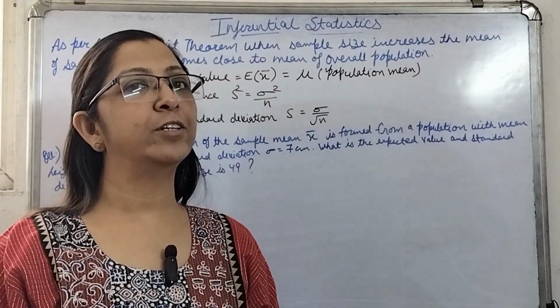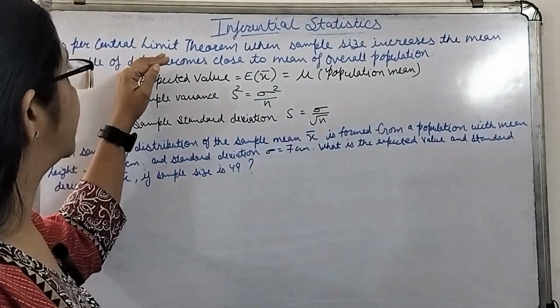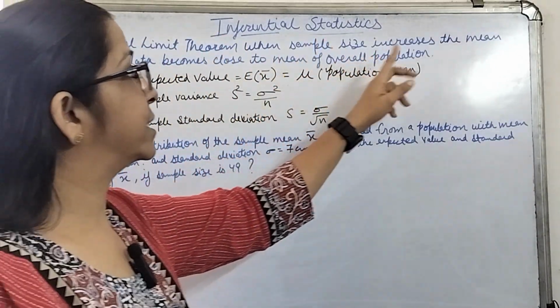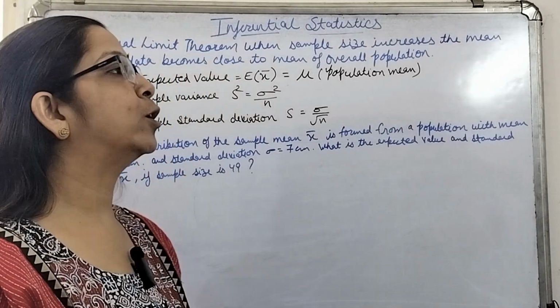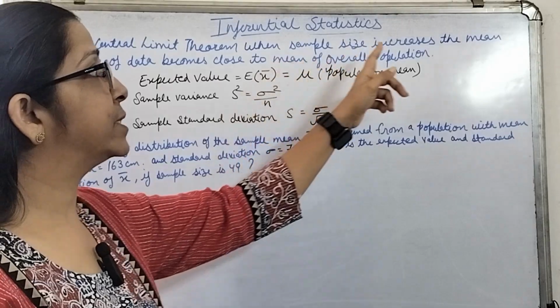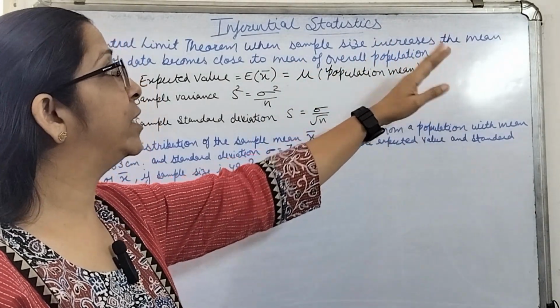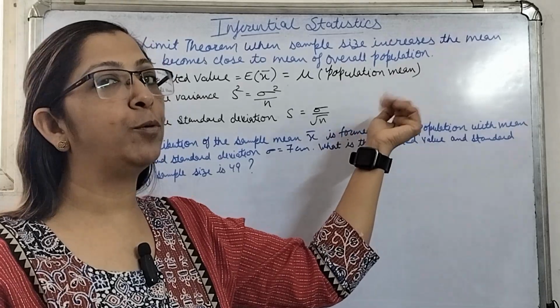Now let's understand one question based on your CLT. As per the central limit theorem, when sample size increases, the mean of the sample data becomes close to the mean of the overall population. As we just discussed, when the sample size is increasing, whatsoever mean we are getting from the sample becomes close to the mean of the whole population.